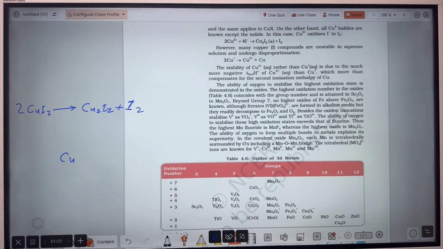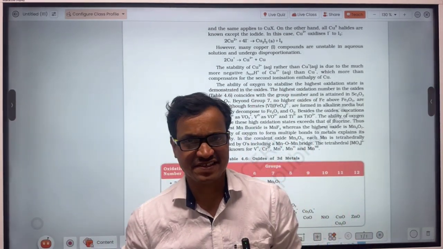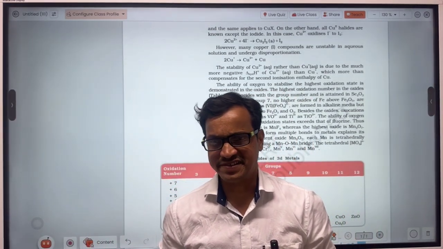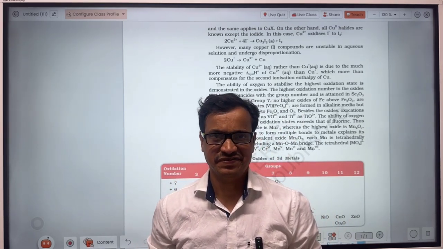But if there is a compound that is CuI2, then that will get oxidized and form Cu2I2 and I2. In the same way, consider the compounds in which copper shows the +1 oxidation state. You are aware that among Cu+ and Cu2+, the Cu2+ is more stable.